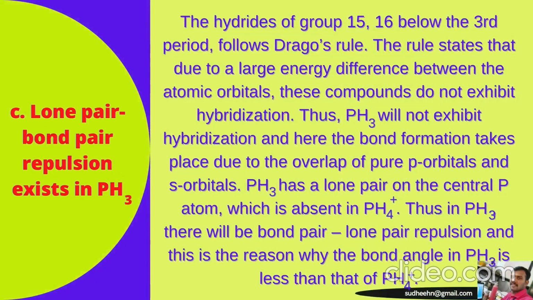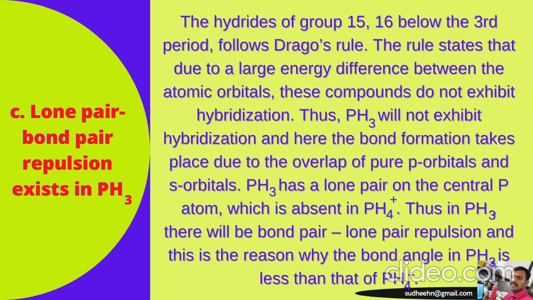hydride. The reason is, according to Drago's rule, the hydrides of group 15 and 16 below the third period do not exhibit hybridization, due to a large energy difference between the atomic orbitals. Thus, PH3 will not exhibit hybridization, and here the bond formation takes place due to the overlap of pure p orbitals and s orbitals.